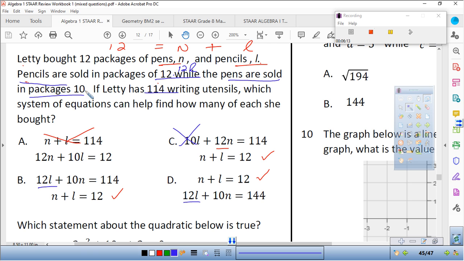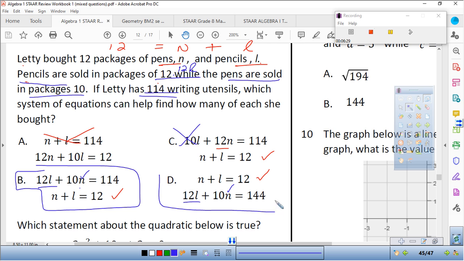Pens, 12N, 10N, 10N, check. 10N, check. And then we're looking at the ultimately equal 114. So this one's sneakily correct, and that one's sneakily correct. Yeah, I know, it's kind of interesting.